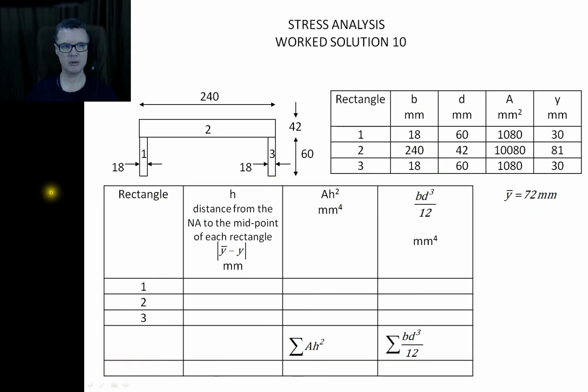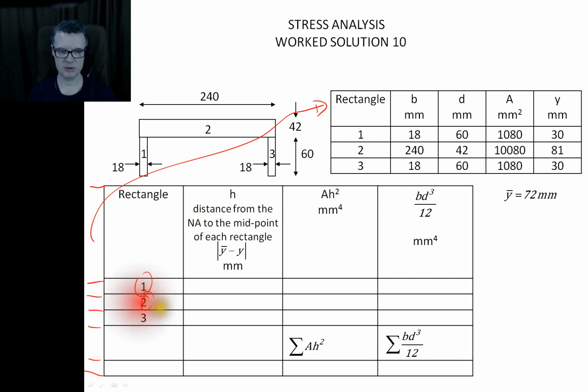Now ideally we would carry on our table with the previous values, but since we've run out of space on this PowerPoint, we'll shift this section up here and carry on our table, keeping a note of what's first, second and third. The first thing is to find the h, and the h is the most difficult one.